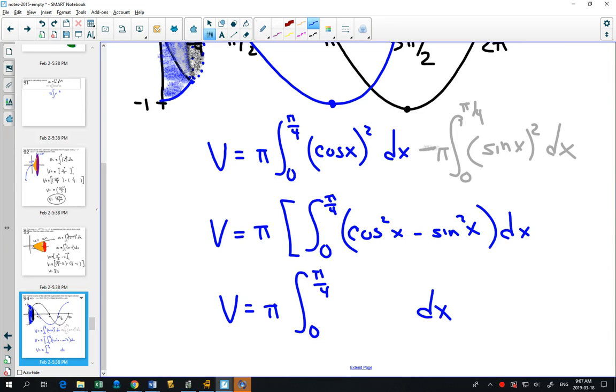So here's where I need you to get creative. Musa, what could we do? You look like you had an idea. Okay, you're looking at the identities up here, and you're looking at sine squared plus cos squared equals 1. But this is minus. Oh, Devin has an idea? So you could move this sine to the other side and then substitute for the identity.